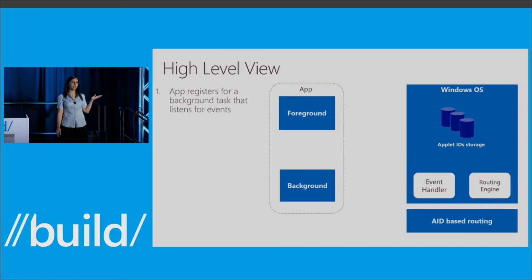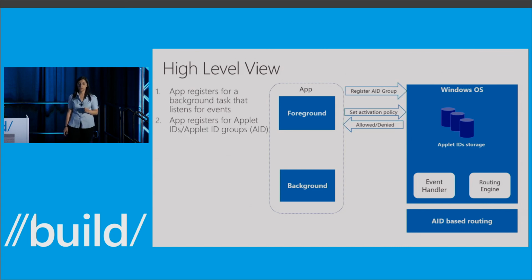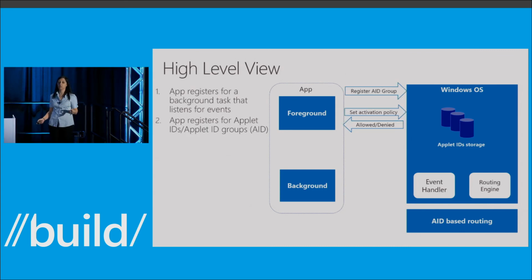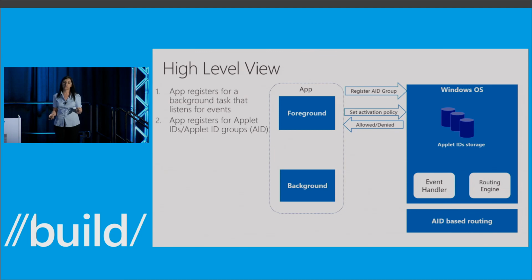Your application is a Universal Windows Platform application, and it needs to consist of two parts, the foreground app and the background task. I'm going to go through that in the next slides. Your foreground app has the UI. It also registers for the applet identifiers, called AIDs.